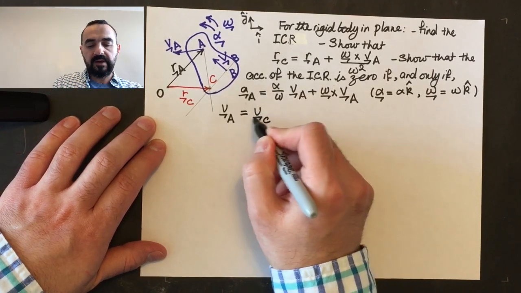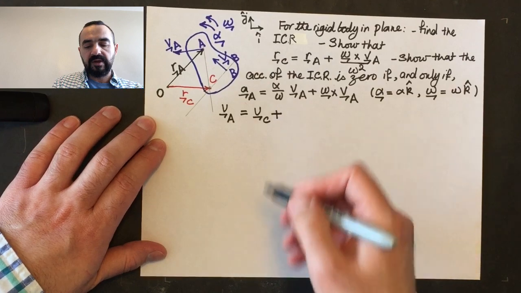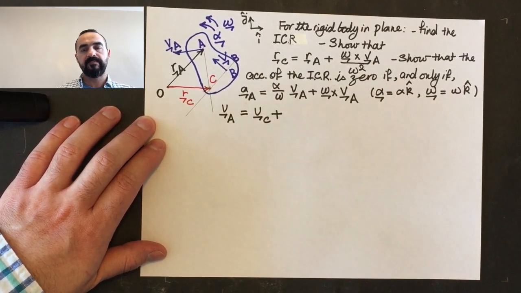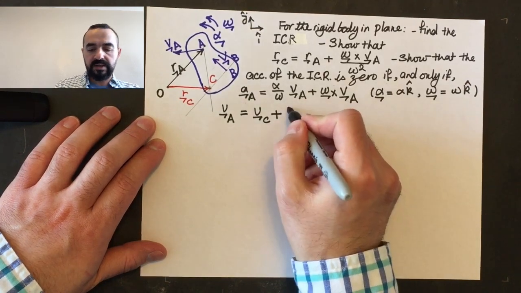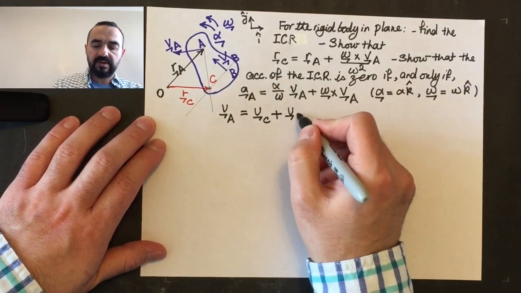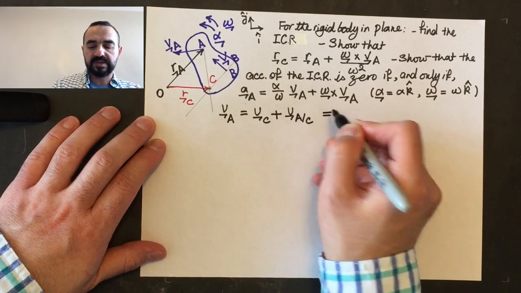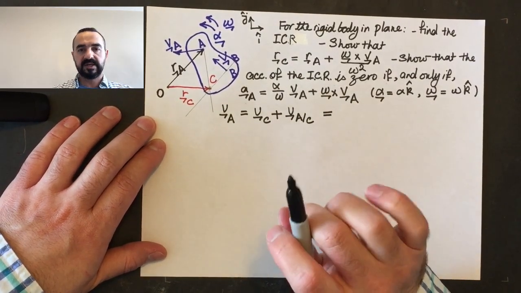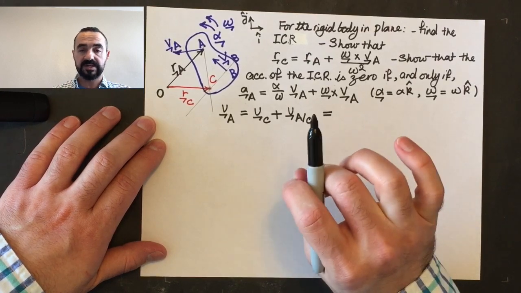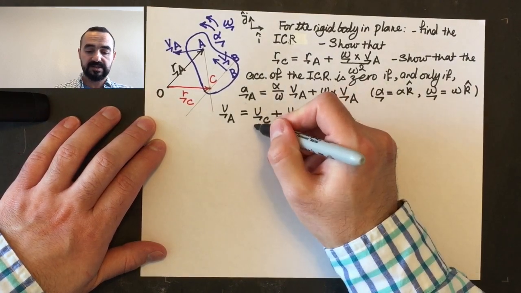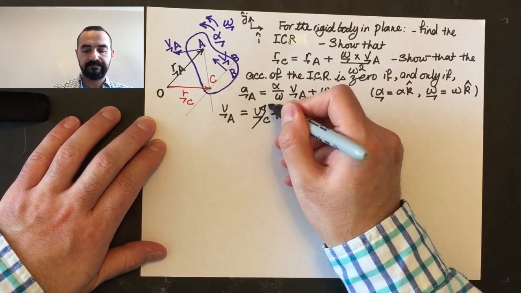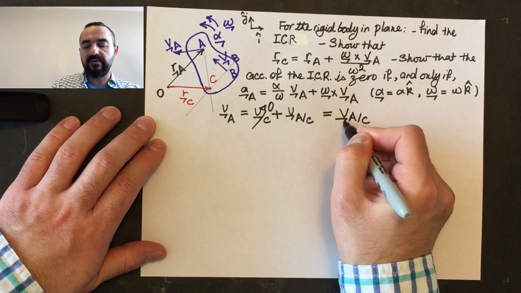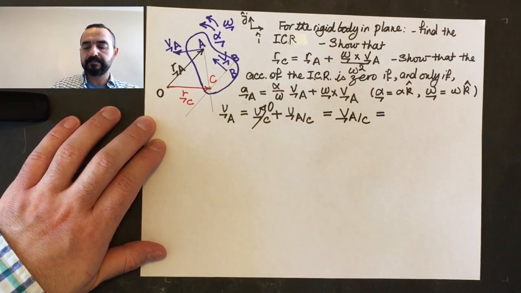I have VA equal VC plus velocity of A with respect to C. This is the instantaneous center of rotation or instantaneous center of zero velocity, right? So this term is equal to 0. So we end up only having VA with respect to C.